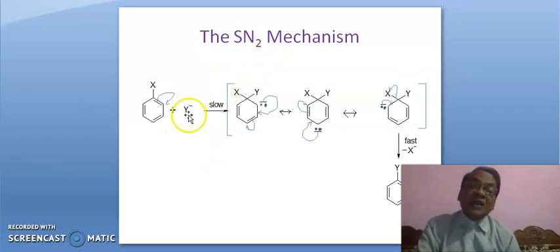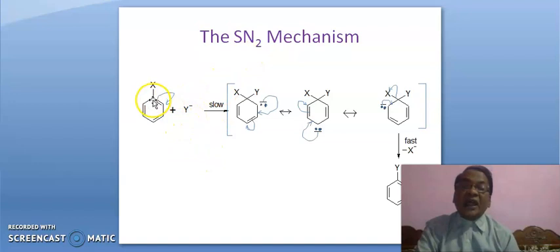Here this nucleophile will attack at this carbon to which this substituent is attached. So this pi bond will break in this fashion, leading to positive charge at this carbon to which this X is attached. So seeing this positive charge, this nucleophile will attack at this carbon, leading to this.